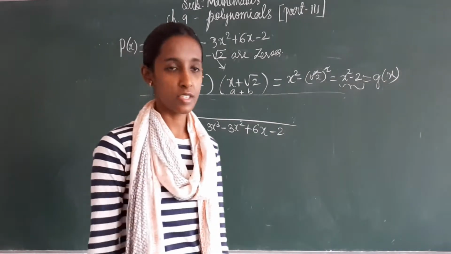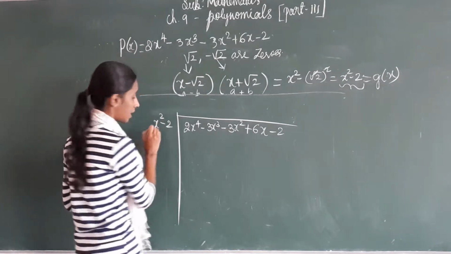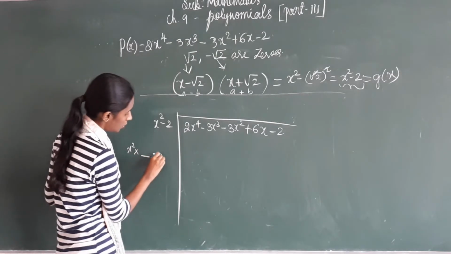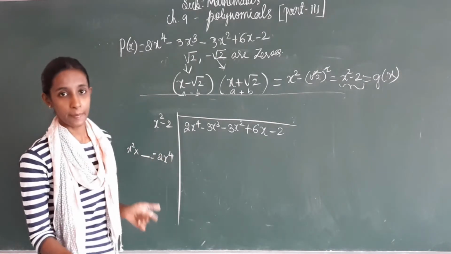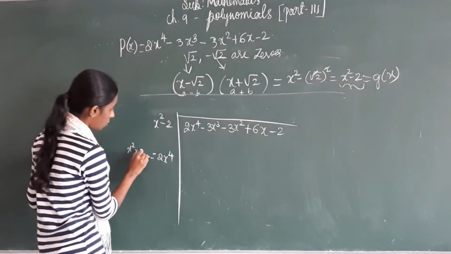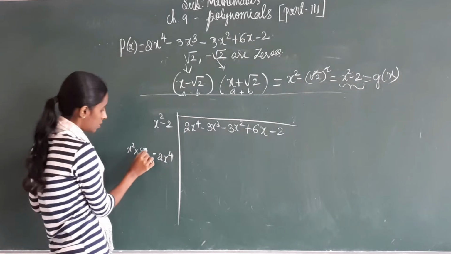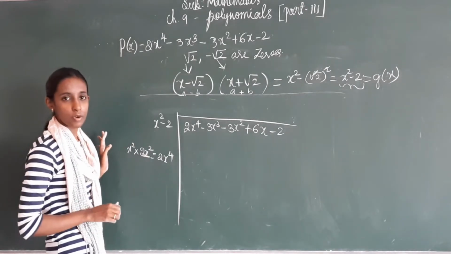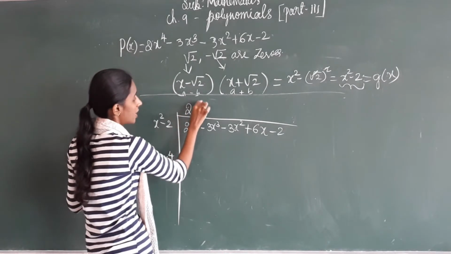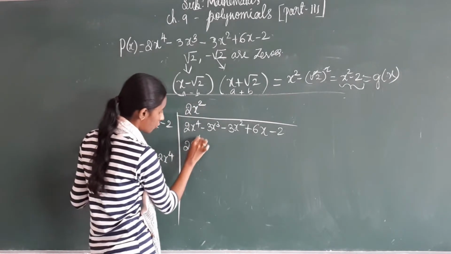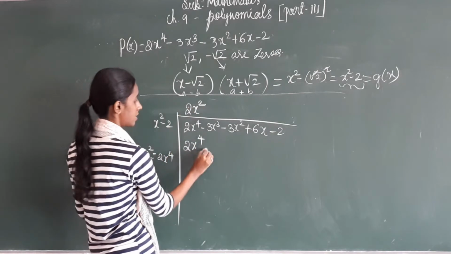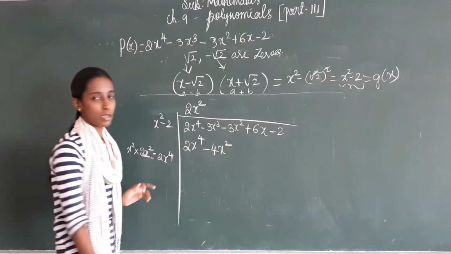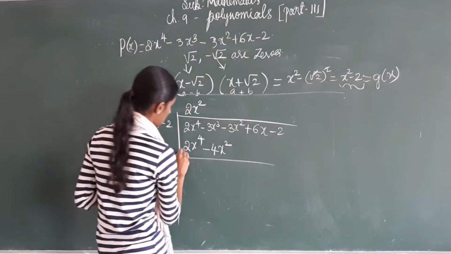Now how will you do the division? First take x². x² into some number should give you 2x⁴. Which number? x² into 2x² gives 2x⁴. Next, minus into plus: minus 2 into 2x² is 4x².